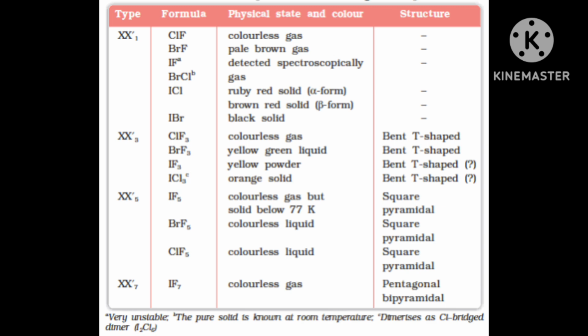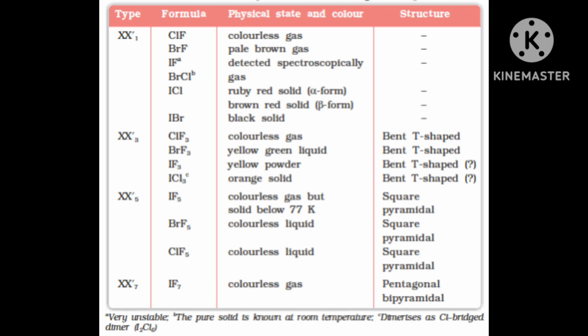The interhalogen compounds can be prepared by direct combination or by the action of halogen on lower interhalogen compounds. The product formed depends upon specific conditions.